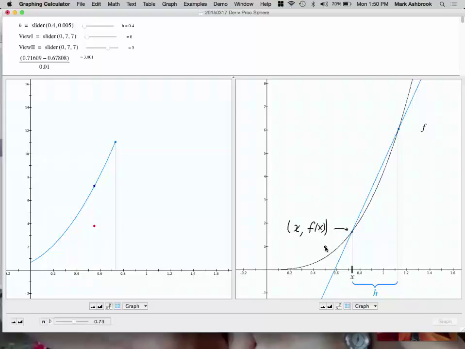Why? The left-hand side of our roving interval is always the current value of x. The right-hand side x value is h further over: x plus h, and the function at that value of input, or the independent variable.